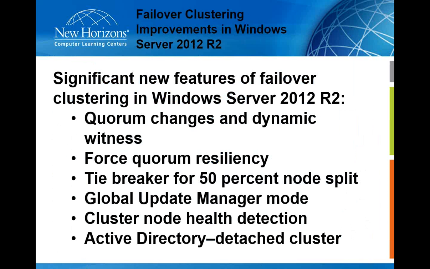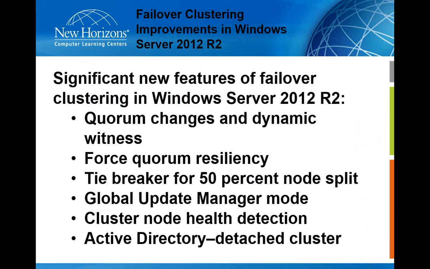We also have Global Update Manager mode. The Global Update Manager is responsible for updating the cluster database. In Server 2012, it was not possible to configure how this update works. In 2012 R2, you can configure Global Update Manager updates. Every time the state of a cluster changes, such as when a cluster resource goes offline, all nodes in the cluster have to receive the notification about that event before the Global Update Manager commits the change to the database.